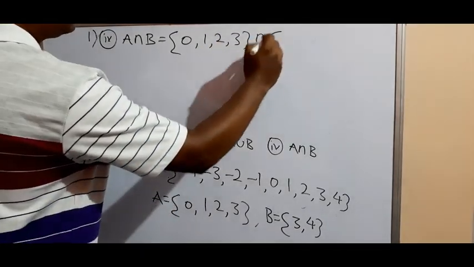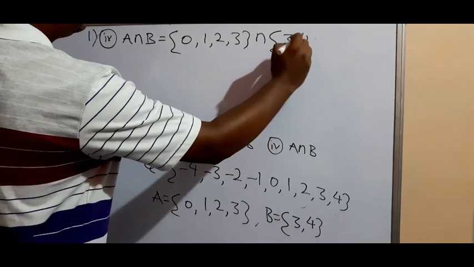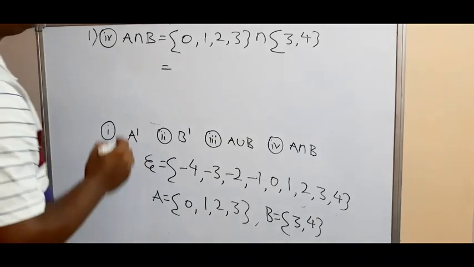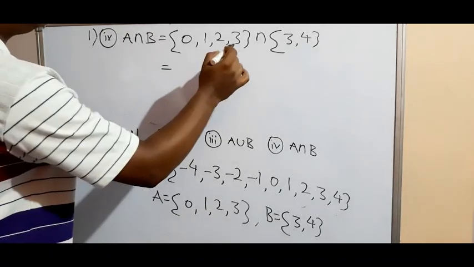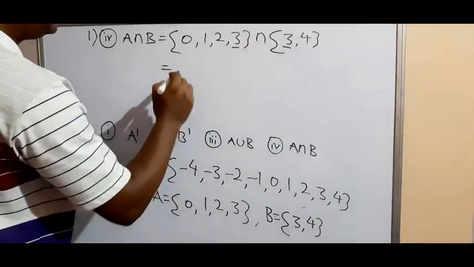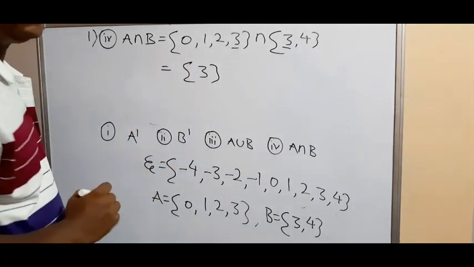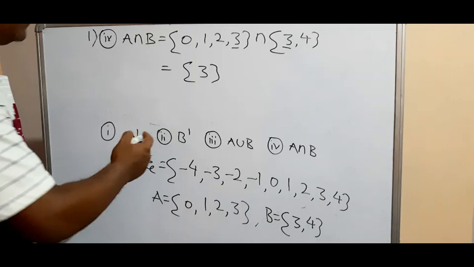Intersection B, 3, 4. So intersection, what have I told? The common elements only you have to take. Common is which one? 3. 3 is the common element. So the answer is 3. Understood? A intersection B.